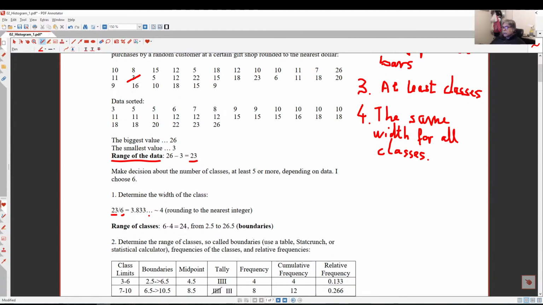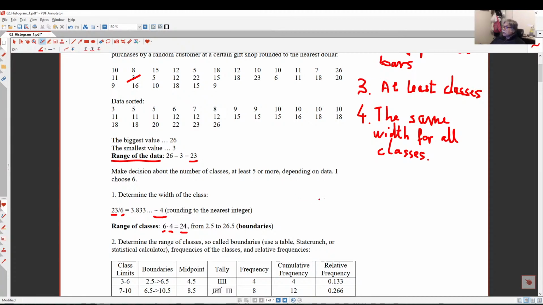Now you could select something like 3.85, but in that case you have to do lots of calculations. So I am rounding that to the nearest integer, which is 4. Since I have 6 classes, each of the width 4, the total range of my classes is 24.